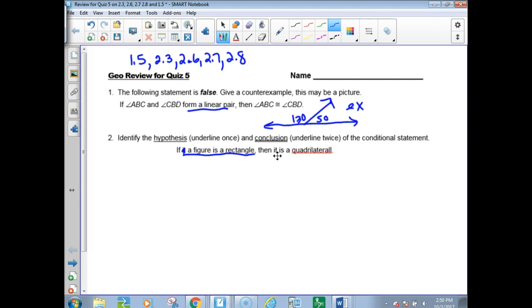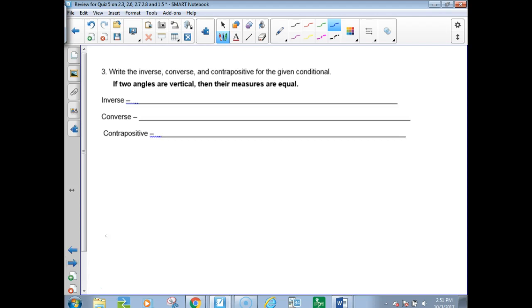Is it still there on your paper? Did I remove it or no? Sorry. The conclusion is only the part after the then. So quadrilateral is spelled with one L. That's why that little red thing shows it's spelled wrong. All right, enough of those mistakes on that one. I didn't carefully edit it.